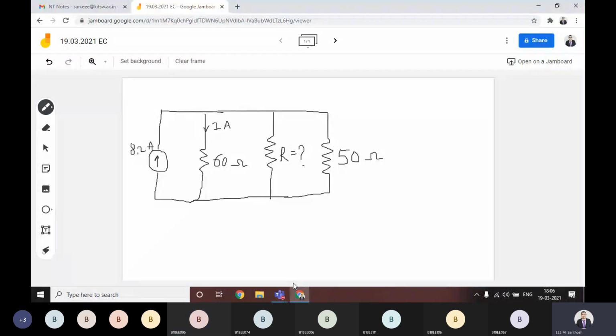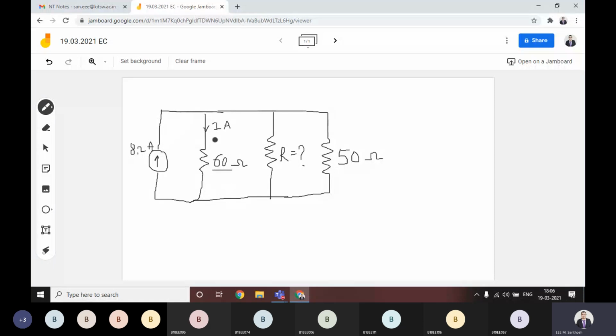Exactly, it is 10 ohm. This is very simple to solve. The current flowing through 60 ohm is given as 1 ampere, already in the problem, right? Then what is the voltage across this?